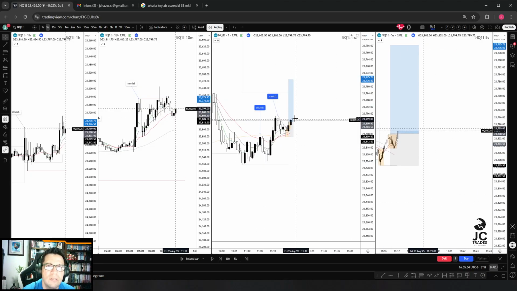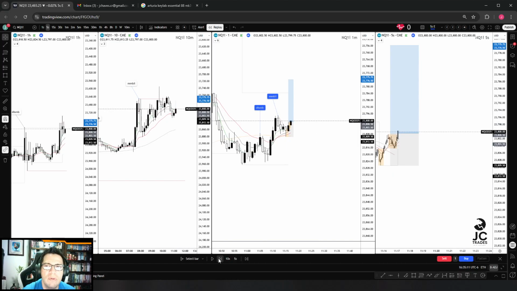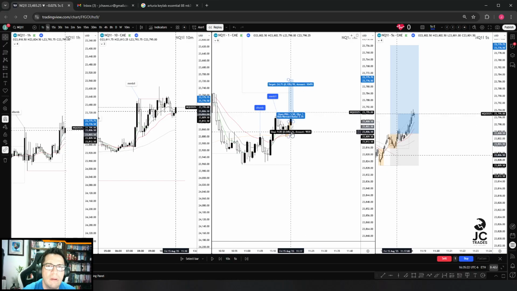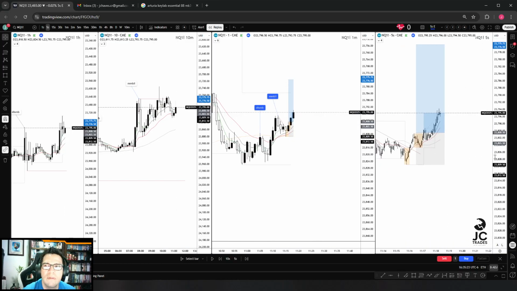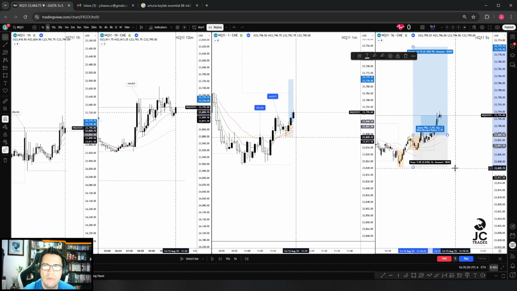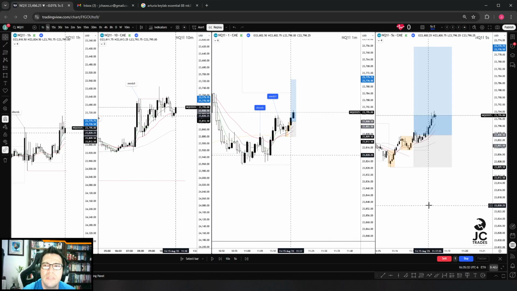Let's see first if we get to this point here and close above for a validation of MMB1. Okay, we are getting there. We gotta see. So I'm gonna just move this one to the right entry point, which is there.